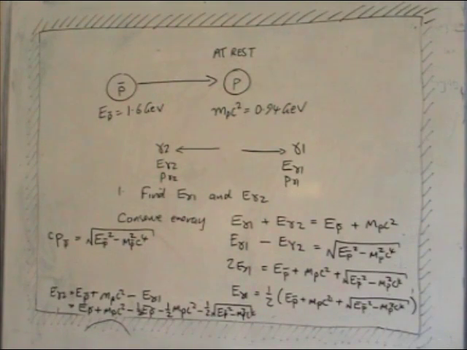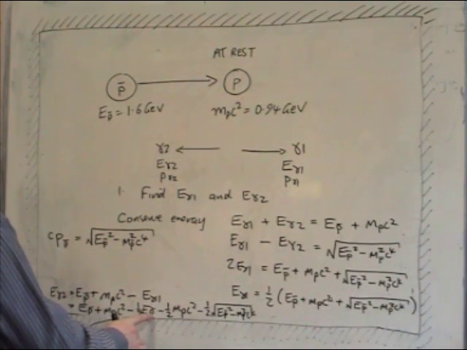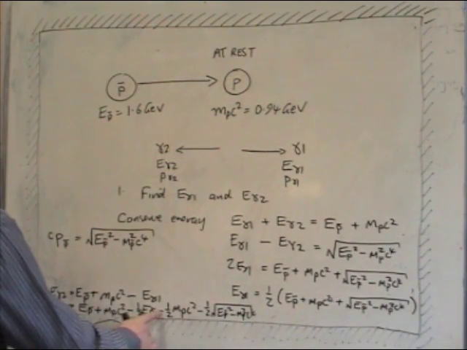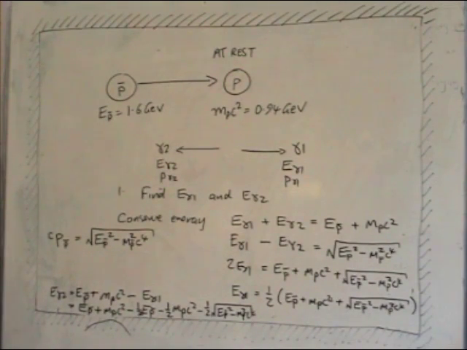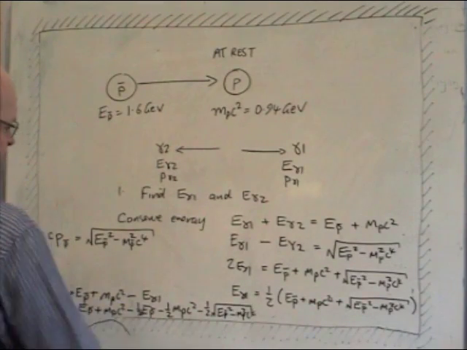This expression is actually very simple, because E P bar minus 1/2 E P bar just gives 1/2 E P bar, and M P c squared minus 1/2 M P c squared is again just 1/2 M P c squared, and then the minus half the square root remains.